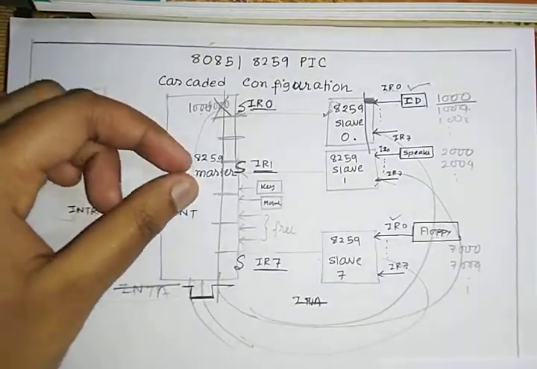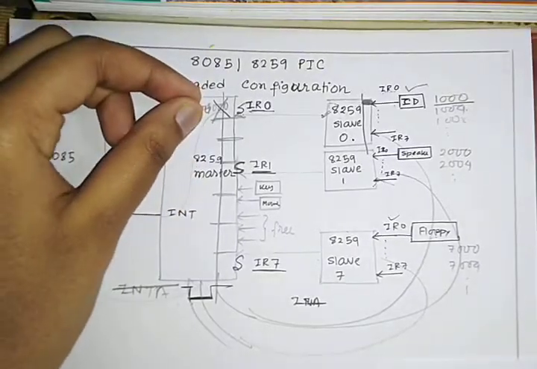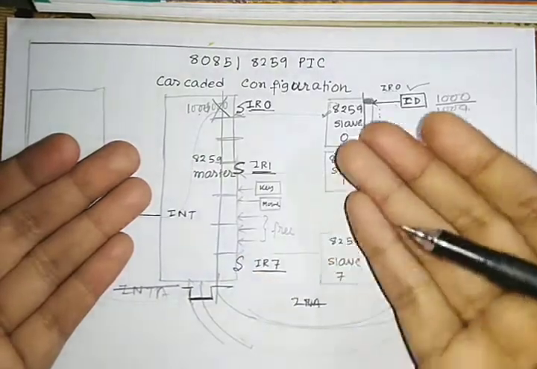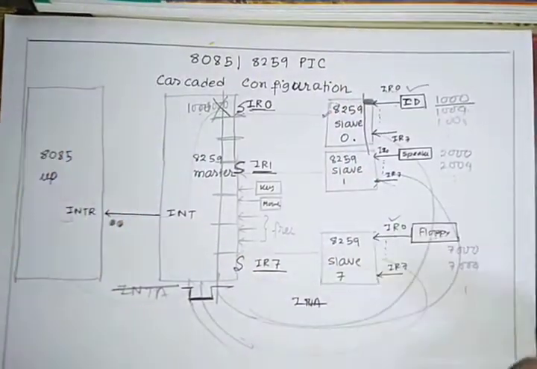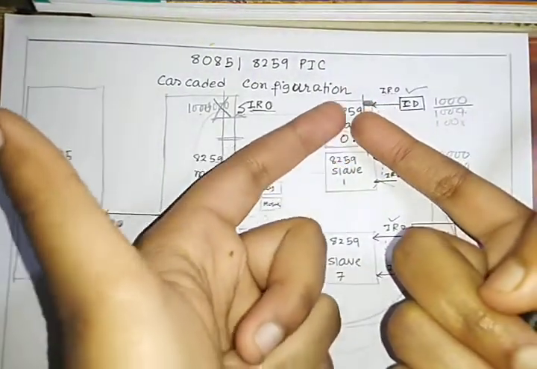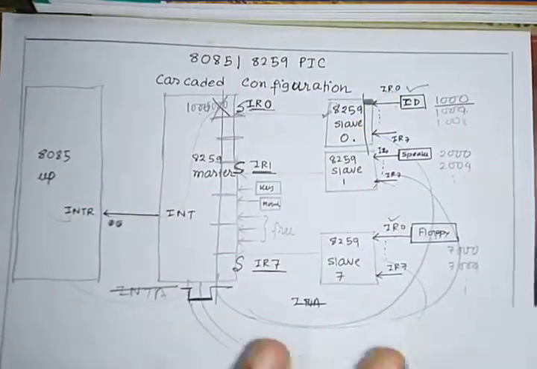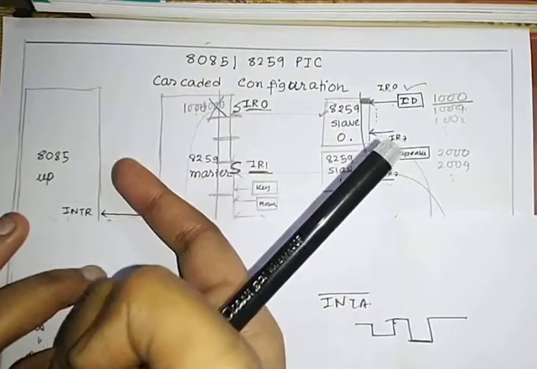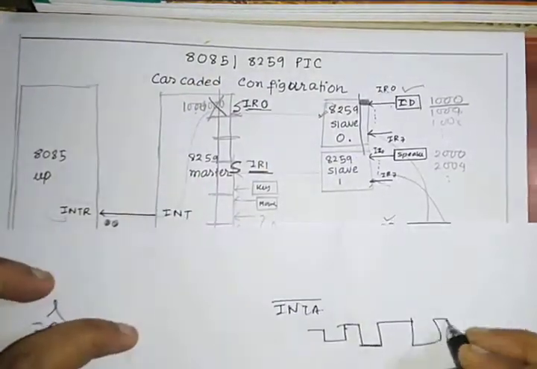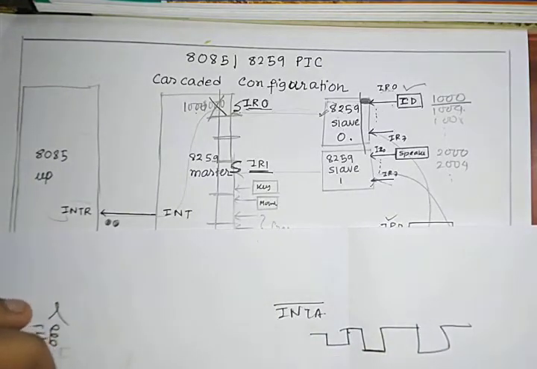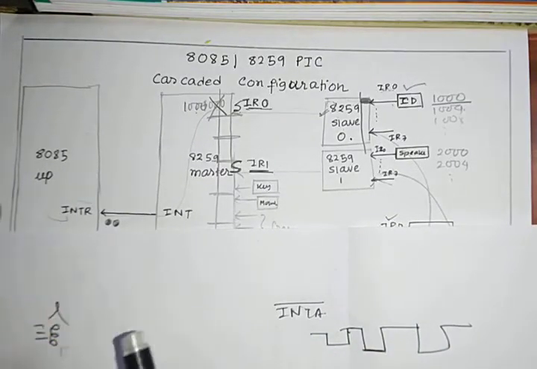So the master has to give me that address. For that, the master will produce the signal. It will go to each slave. They will compare, and the right one will produce the signal. This address will get selected. On my second INTA signal, I get the lower byte. On the third, I get the higher byte, and that interrupt gets serviced. I hope you understand by now.